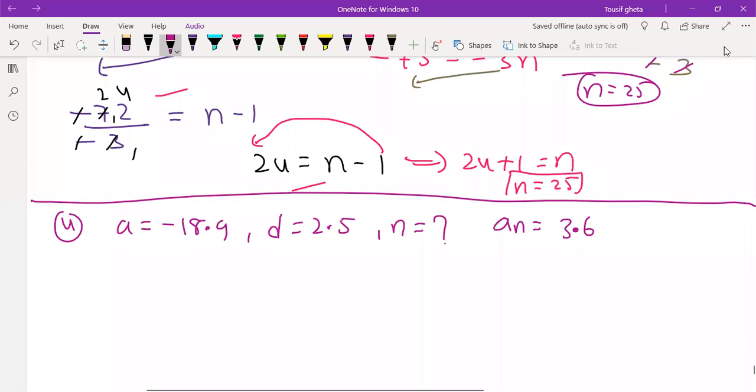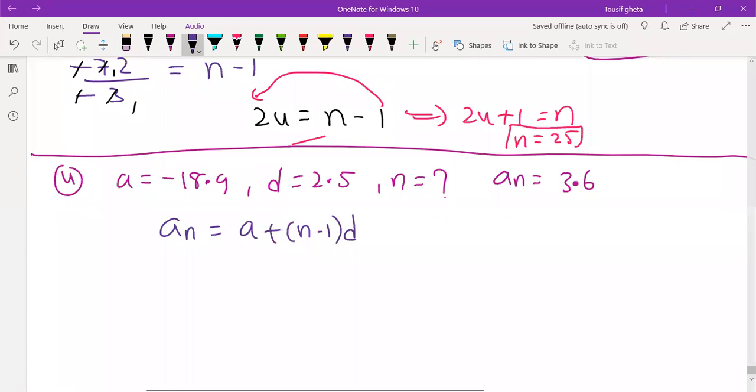I may not be able to see the messages, so kindly look at your screen now. A plus n minus 1 d. So they gave the a value is 3.6, the a value is minus 18.9, and the d value is 2.5, as we don't know the n value.